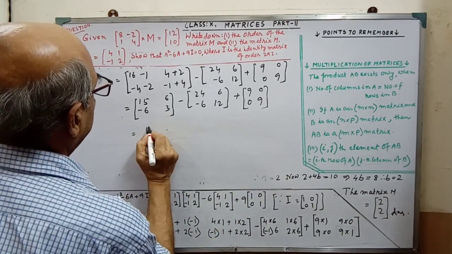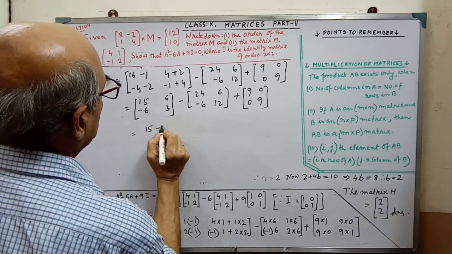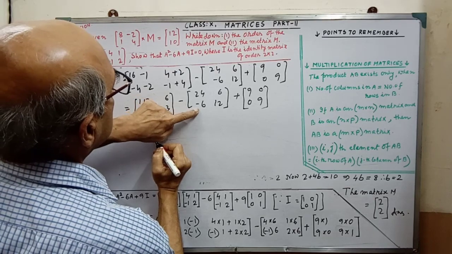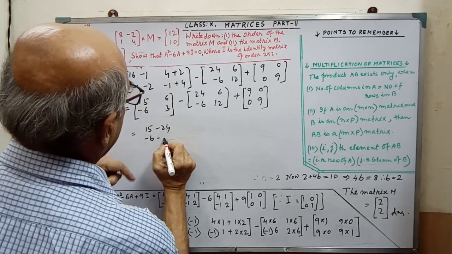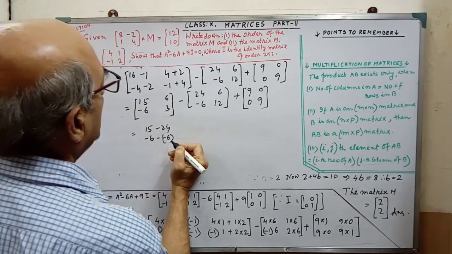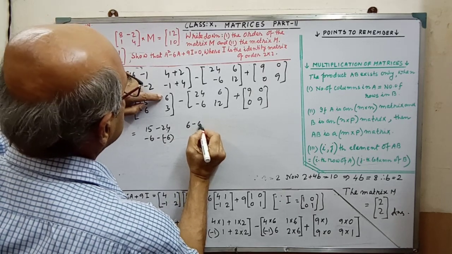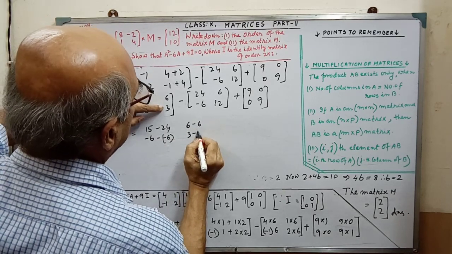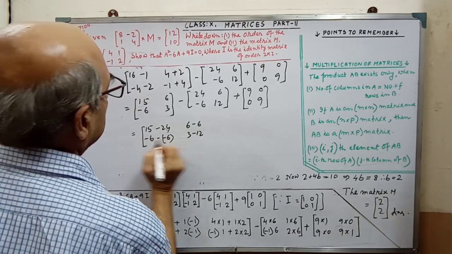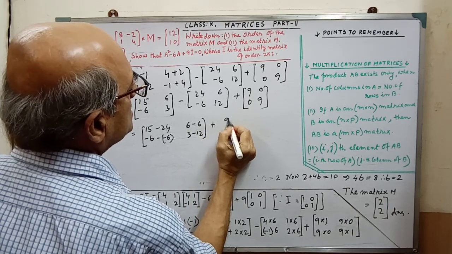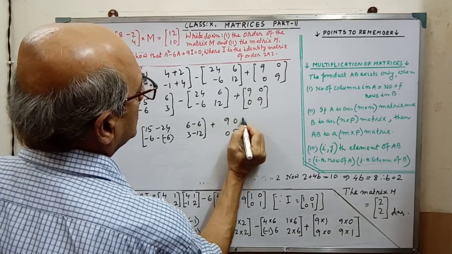So 15 minus 24 and minus 6, and this is minus and minus. This you have to write in this way. Then 6 minus 6 and 3 minus 12. This also clear. And it will remain as it is, 9 0 0 9.